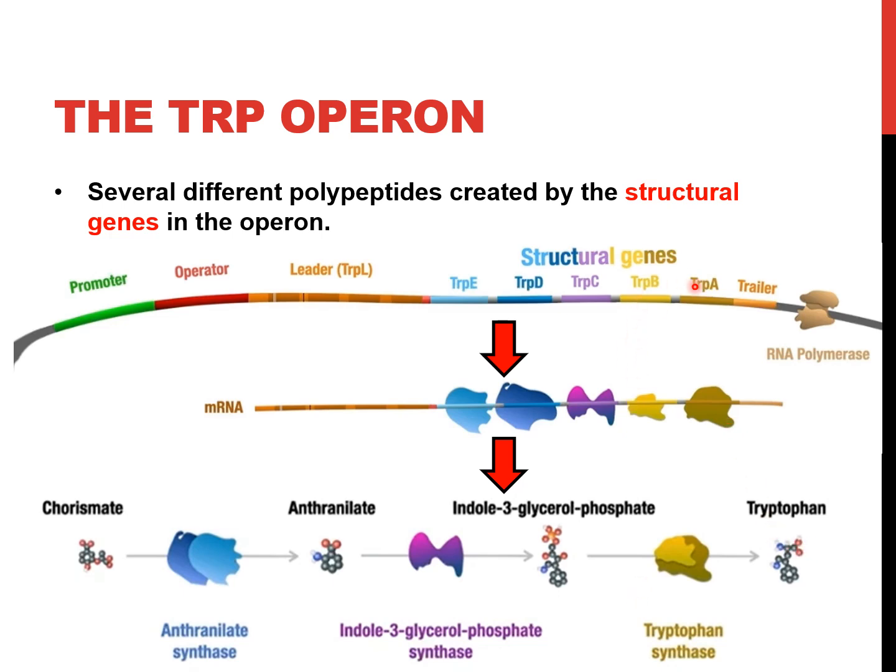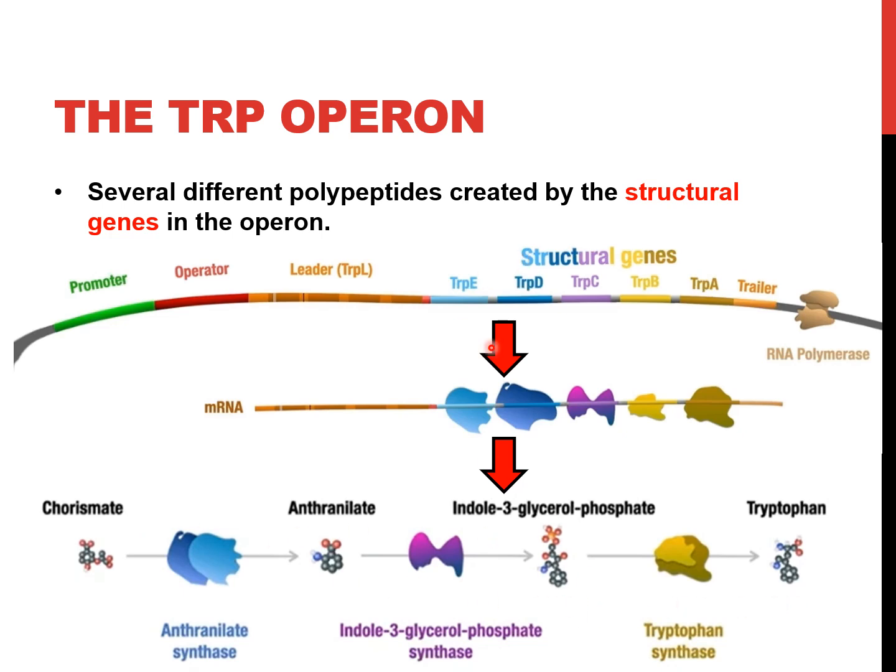Okay, then we have the 2 yellow ones working together again as a quaternary structure protein or enzyme in this case. And that finally turns indole-3-glycerol phosphate into tryptophan. And there you go. You have one single amino acid, tryptophan, after you made all these things. That's very energetically expensive. And again, you don't need to know any of these names or the process that occurs here, but that is the process.